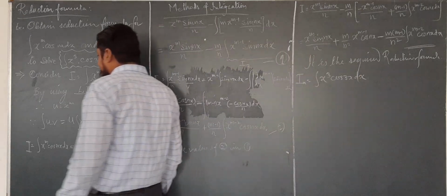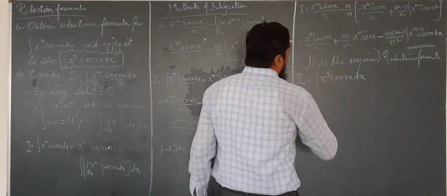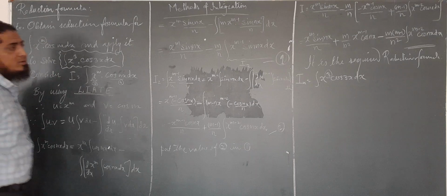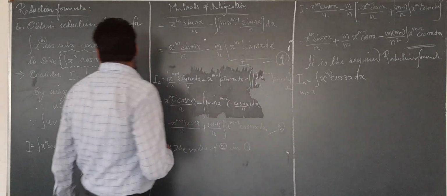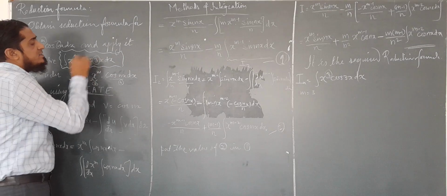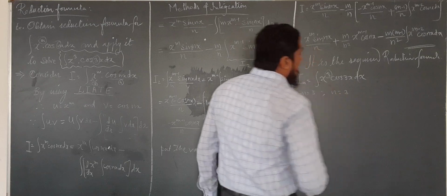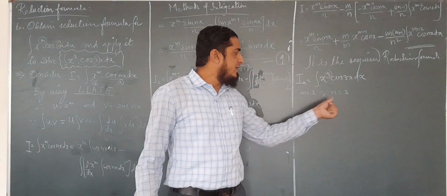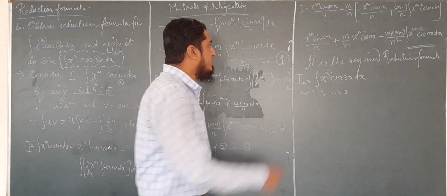Now here power of x means m, so m is equals to 3, and in cos nx, here cos 3x means n is also equals to 3. Now put this value 3 at the place of m and 3 at the place of n, we can simplify this equation.